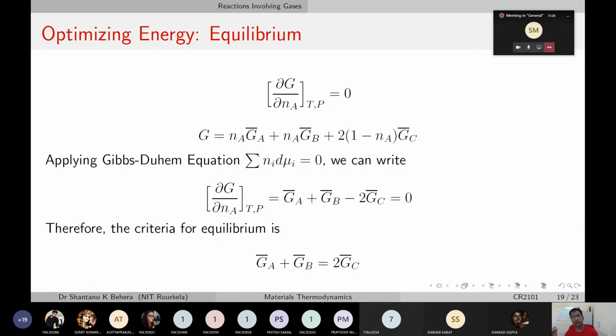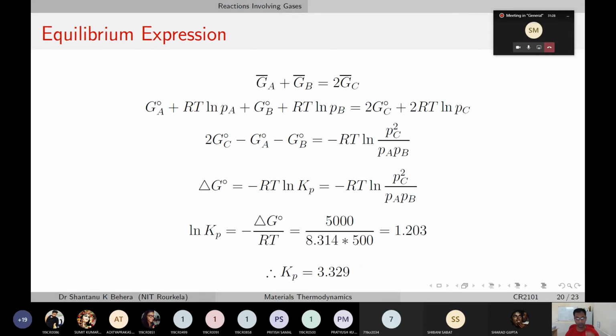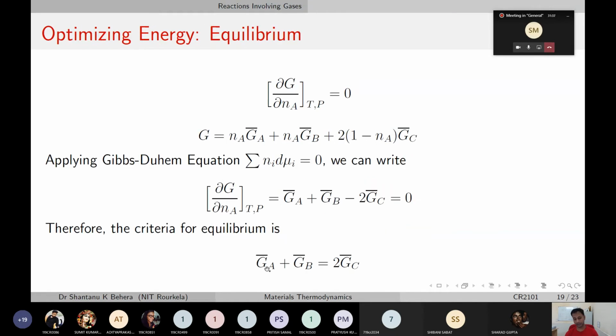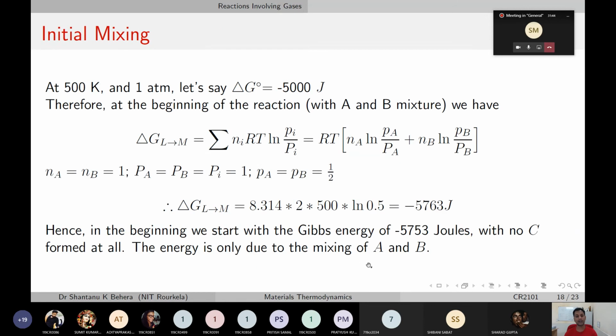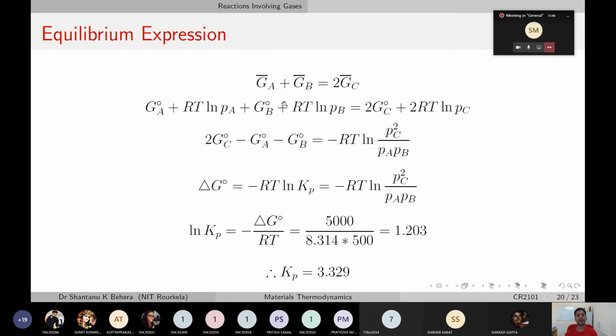All right. So we can actually expand these numbers and then figure out what eventually would be our expression for equilibrium. All right. So if we say that the partial molar free energy of A plus B is equal to twice the partial molar free energy of C, then we can expand these in terms of the standard pure free energies in the unmixed state of A as well as B as well as C, right?